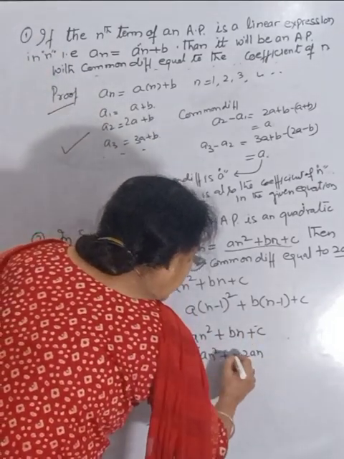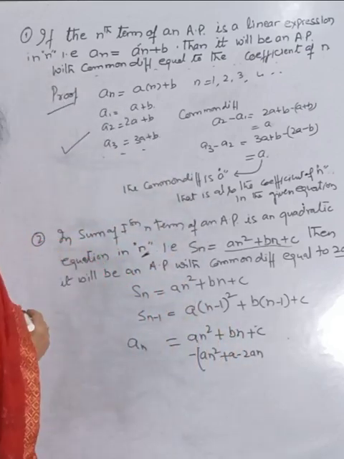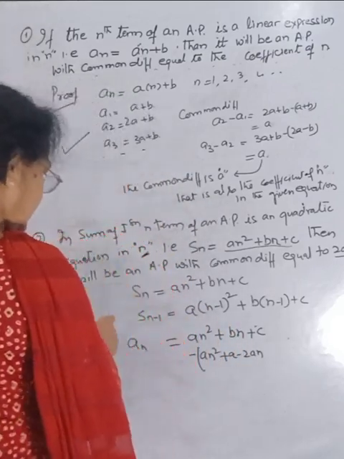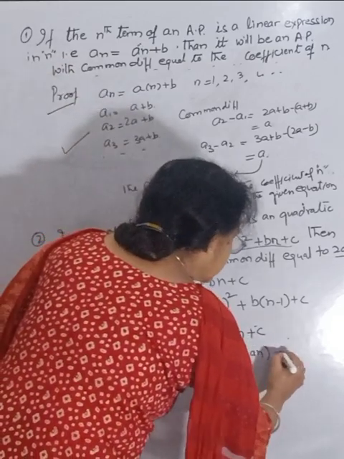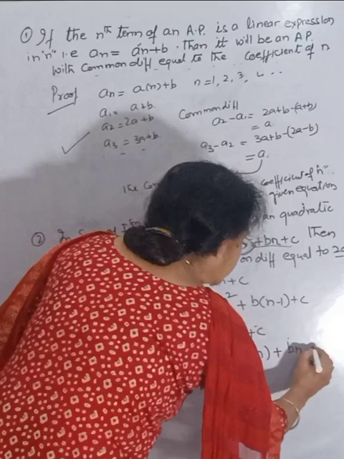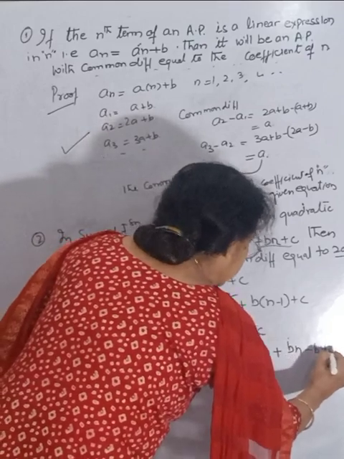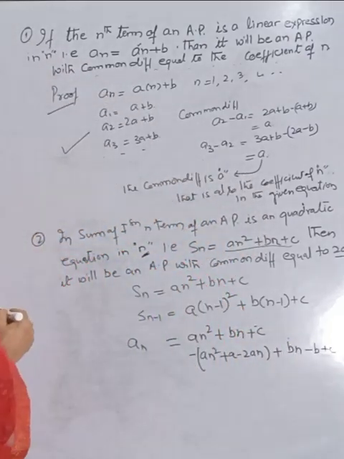This is also a will be get multiplied. Plus b into n minus b plus c. This will be the full form.